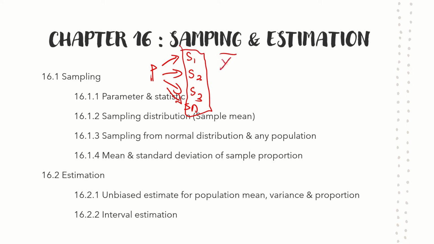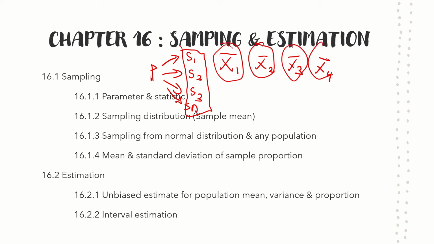So you will get x bar 1, x bar 2, x bar 3, and also x bar 4. What do x bar 1, x bar 2, x bar 3, x bar 4 mean? They mean the first sample, second sample, third sample, and fourth sample you take from the population. You can combine these to make one distribution.